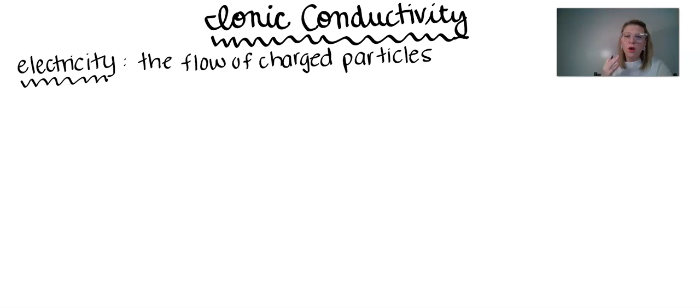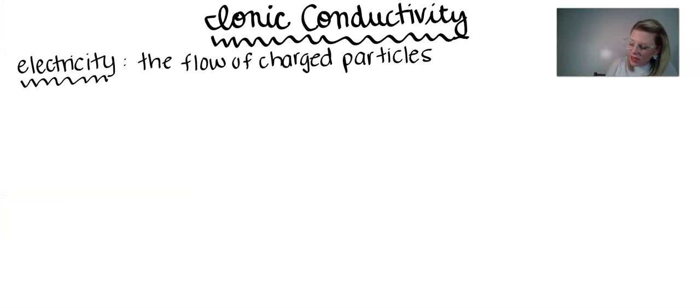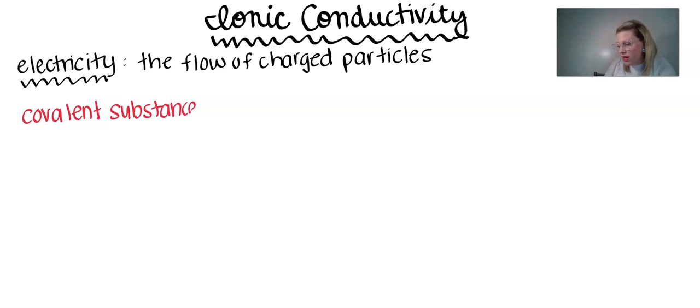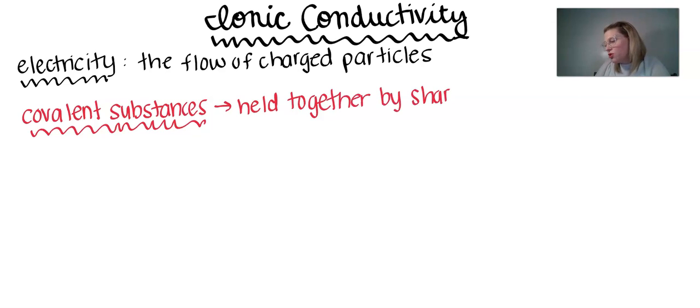Now, covalent substances have absolutely no conductive properties whatsoever. So why would that be the case? If we think about covalent substances, remember that they are held together by the sharing of electrons.